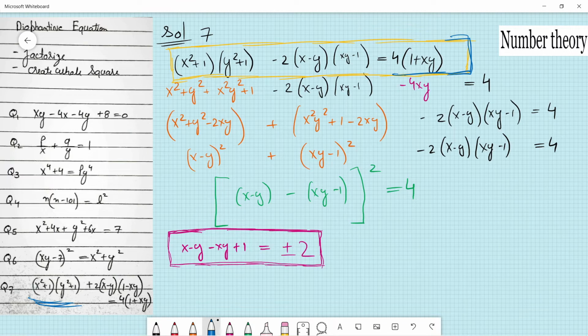Now you might be wondering, how can I come up with such a solution on my own? First, you need a lot of practice of factorizing complicated expressions, and a lot of experience of solving complicated equations, and techniques of factorization.